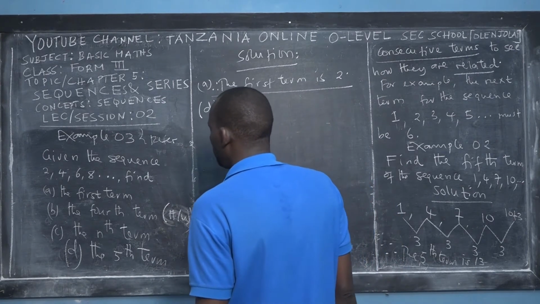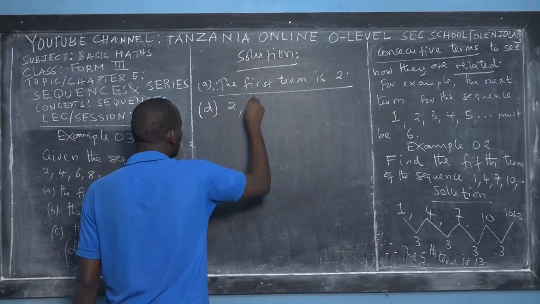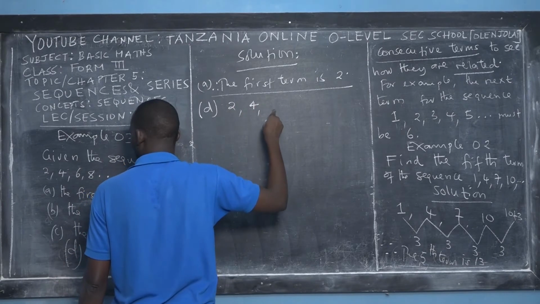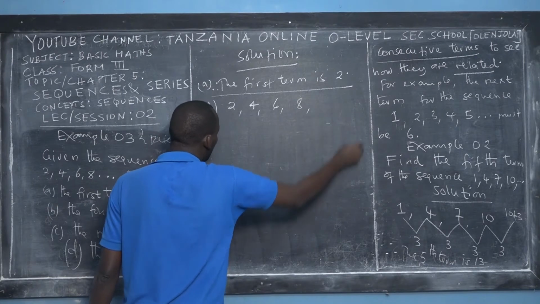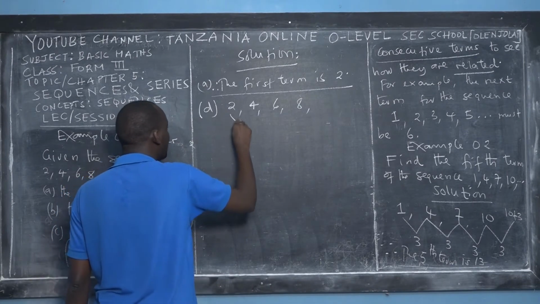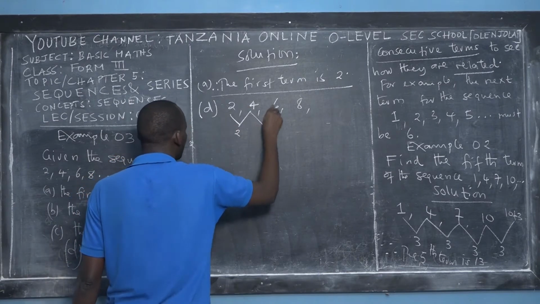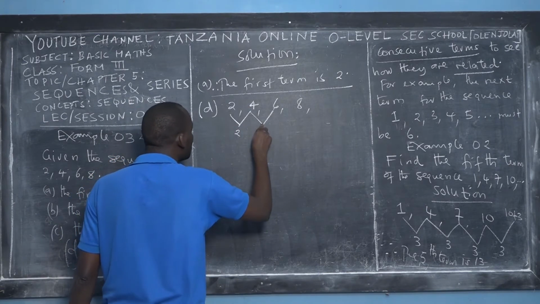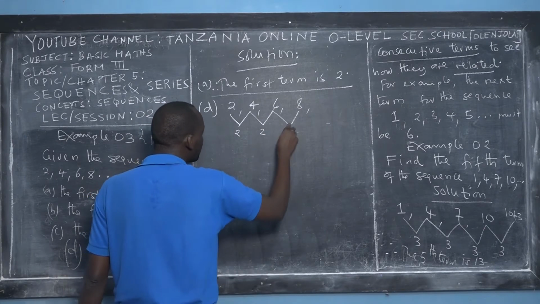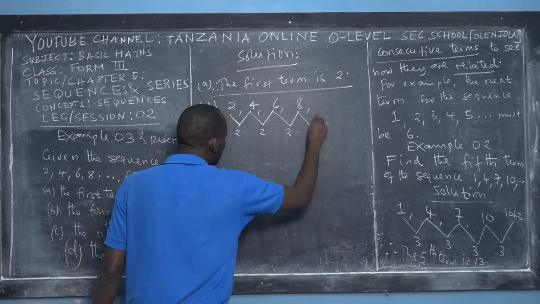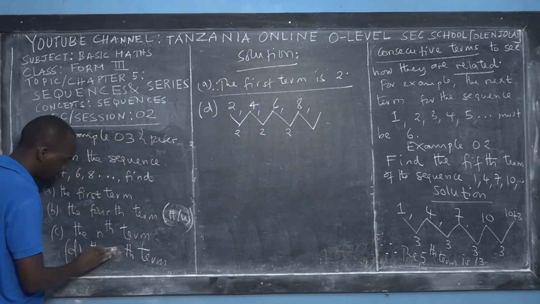The sequence is 2, 4, 6, and 8, so it's a sequence of even numbers. To know the fifth term, you just have to know the difference between the first term and second term is 2. And the difference between the second term and third term is 2. And the difference between the third term and the fourth term is 2.